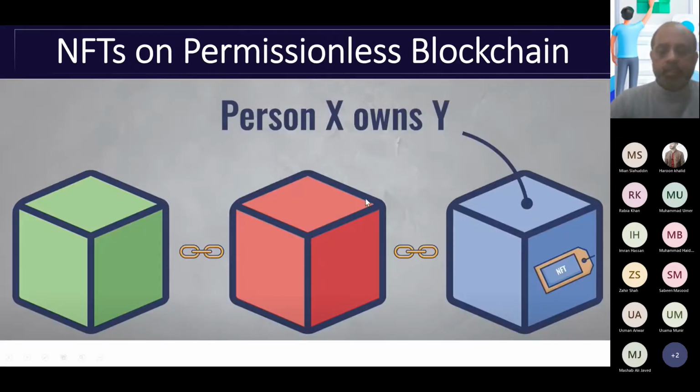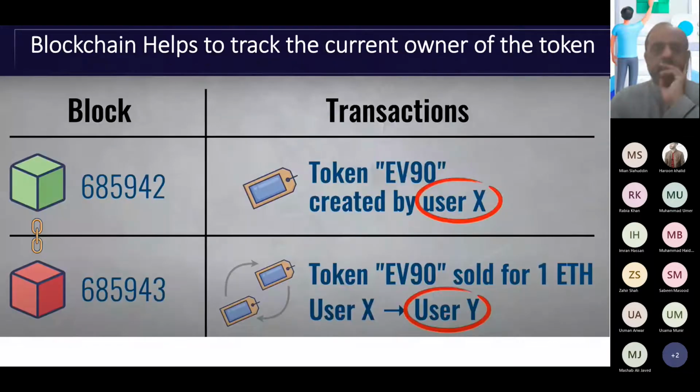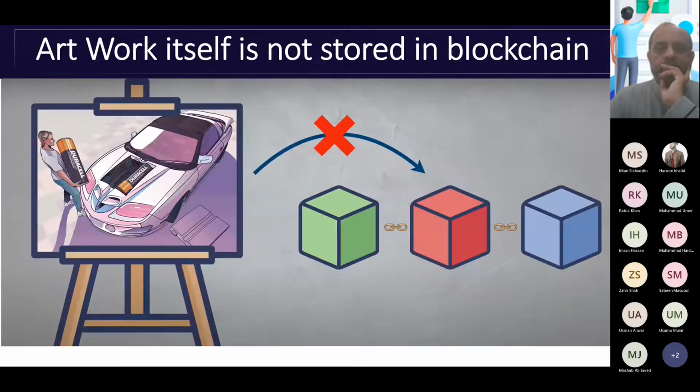So once he creates that, it gets into a blockchain, a ledger, and governed by a smart contract. Whenever there is a transaction, it will change hands, and it is sold for some ether. And so the transaction will tell for how much money this particular NFT is sold.